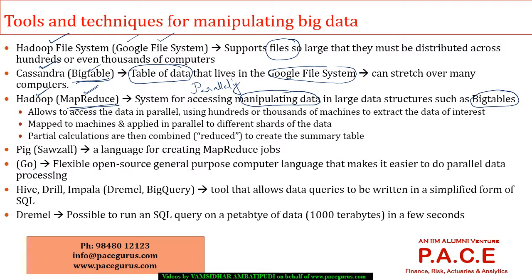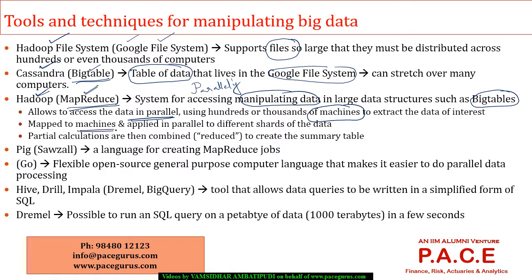Hadoop is an architecture intended for parallel processing. The data is accessed in parallel, and there will be some kind of identifiers. Using those identifiers, multiple systems are queried in parallel. Hundreds, even thousands of machines are queried simultaneously and data is extracted.